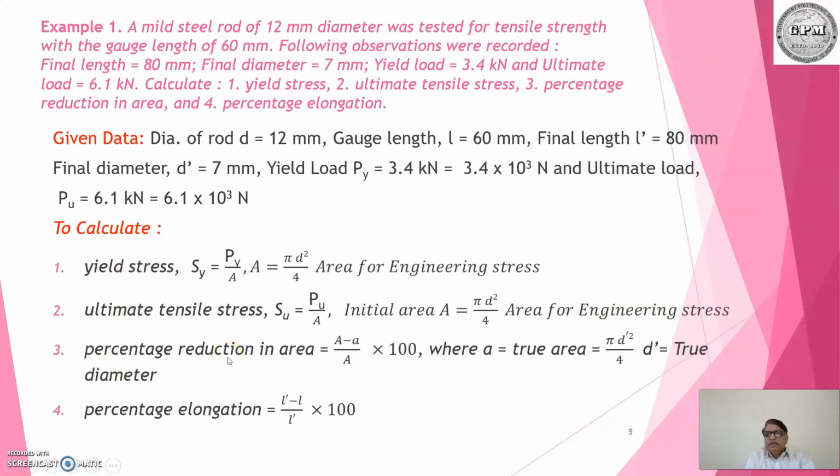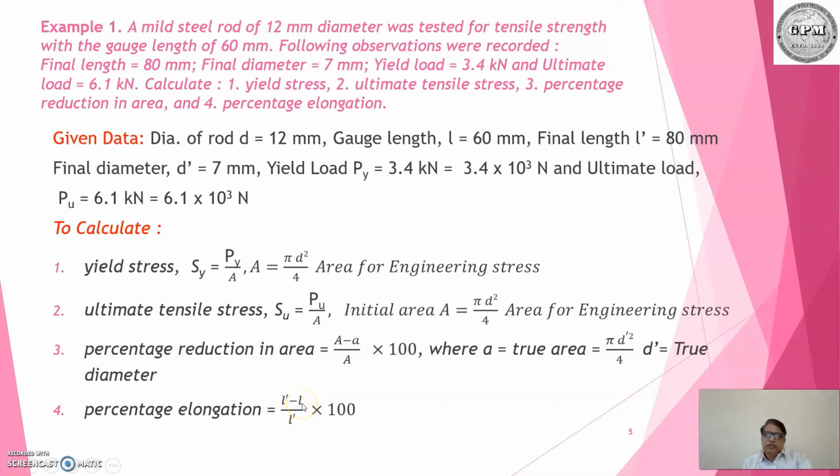Percentage of reduction in the area is equal to A minus a divided by A, that is the initial area minus the final area after stretching, divided by the initial area. You will get the percentage of reduction in the area. Similarly, we can calculate the percentage of elongation. It is L dash minus L upon L. This length L dash is generally more than the actual length, since it is the stretched length.